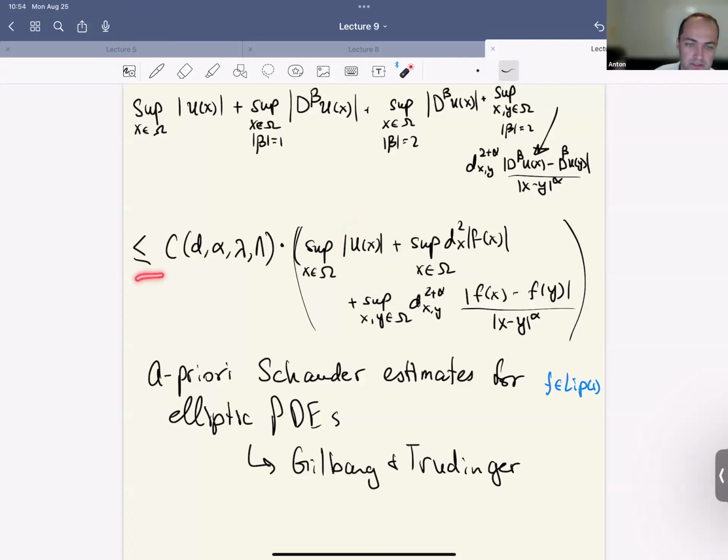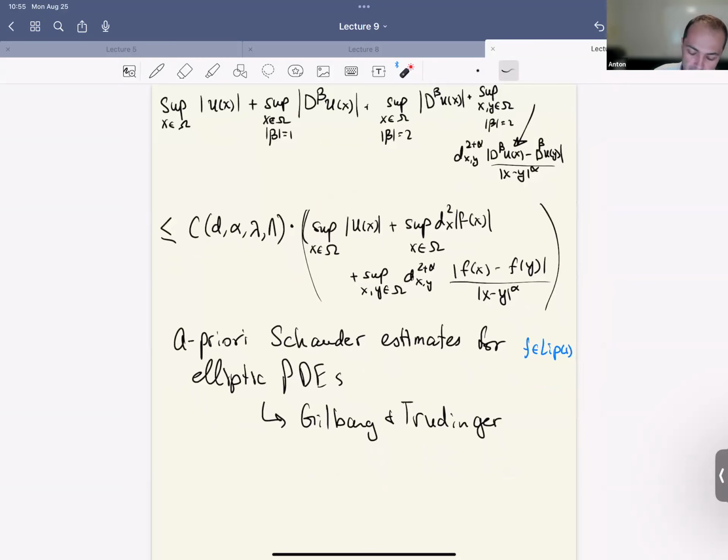This upper bound, in some sense, is backwards: we have the derivatives up to the third order bounded by the function itself. So that's one distinction. And if you want to apply this result, the most difficult part to control is the solution to Poisson's equation itself. Okay?